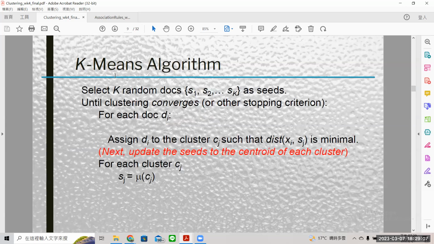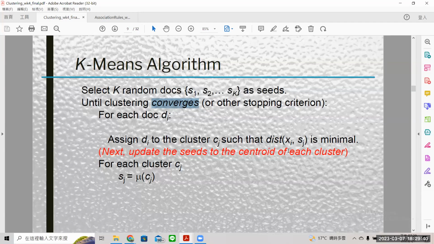Now let's see its logic. We select K random centroids. The K you must give first. For example, now I try to divide my collected sample into 3, so in such a case K is 3, and you have 3 groups. Repeat until clustering converges. For convergence you may set up some stopping conditions.